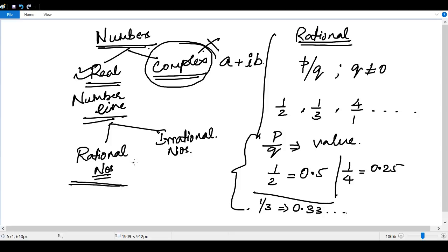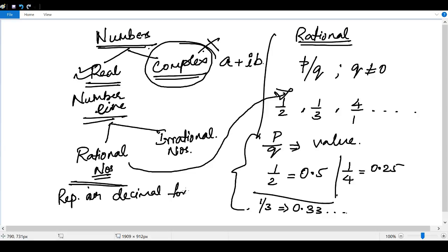So you can say that the definition of rational numbers can be given in two ways. One is a number which can be written in the form of p by q, and the other is that rational numbers are numbers which, when represented in decimal form, are either recurring, that is repeating, or terminating.